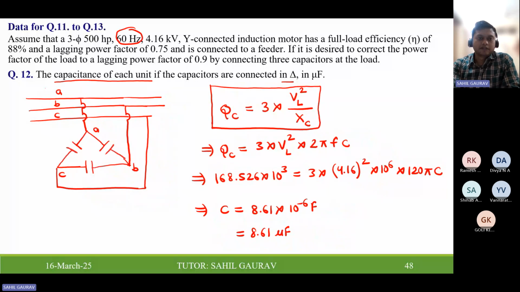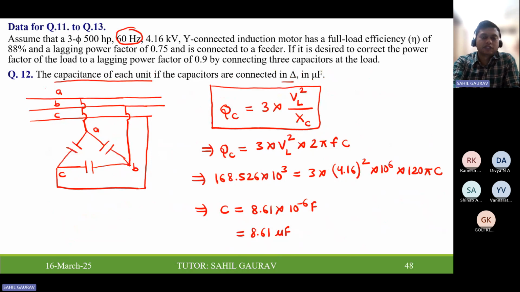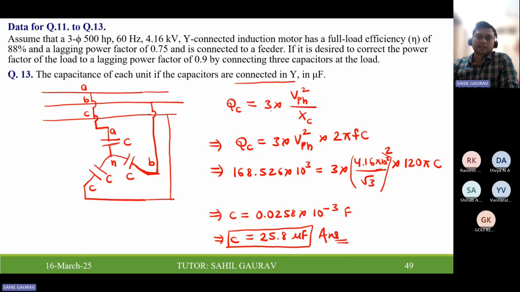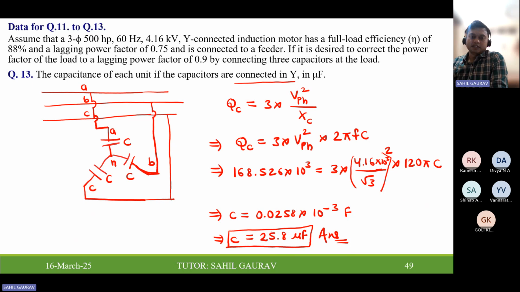Here also we have considered both delta and star. For delta, QC is 3 into VL square upon XC, and for star, the total reactive power supplied to the capacitor bank is 3 into V phase square upon XC. So the capacitor size will vary.